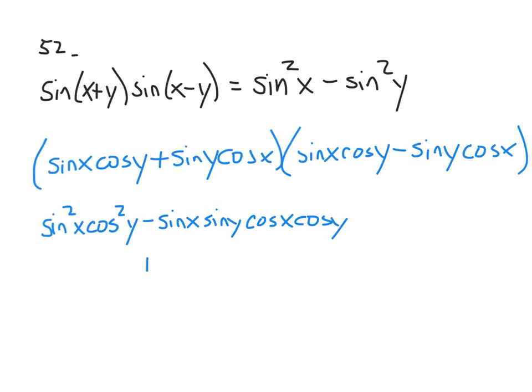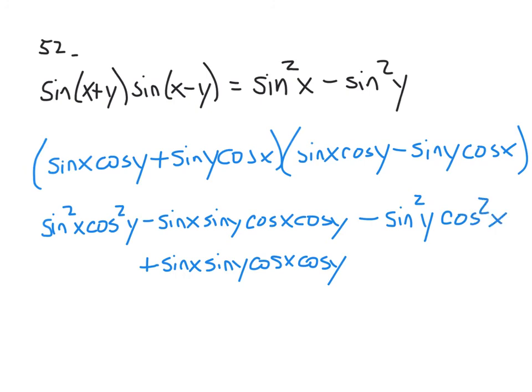So then it would be plus sine of x sine of y cosine of x cosine of y. And those are going to end up canceling. Then it's going to be minus sine squared y cosine squared x.